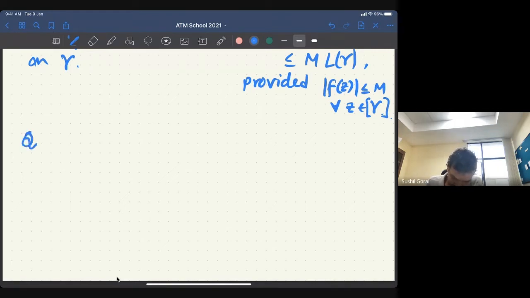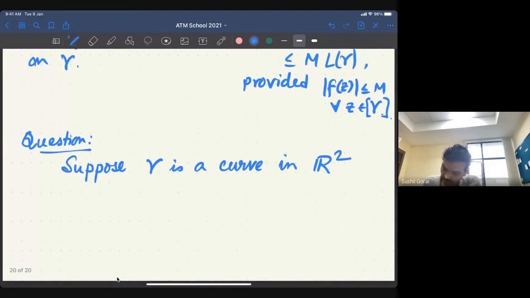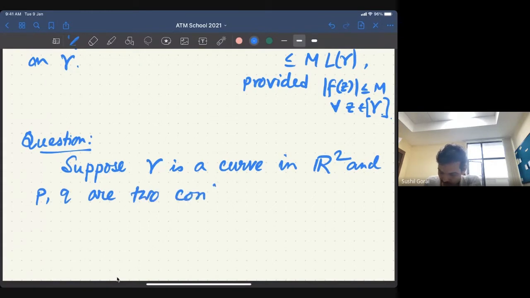So we'll go into the integral which depends only on endpoints now. The next question is, suppose it is a question in R2. Suppose gamma is a curve in R2 and P, Q are two continuously differentiable functions.